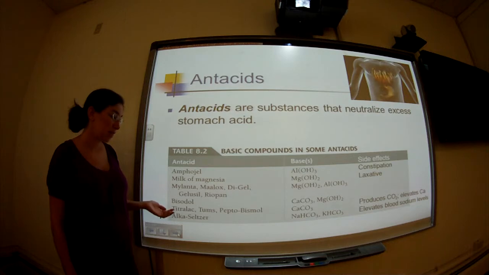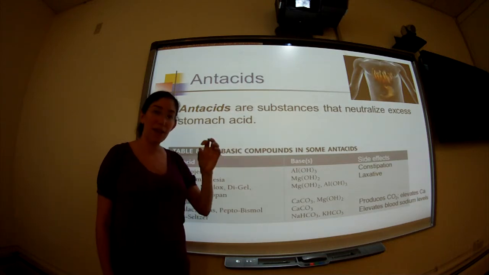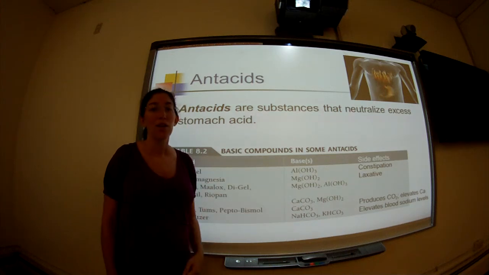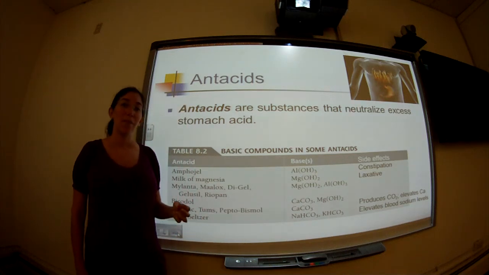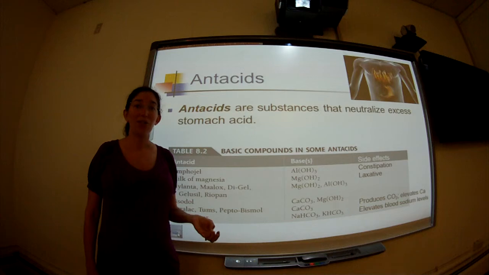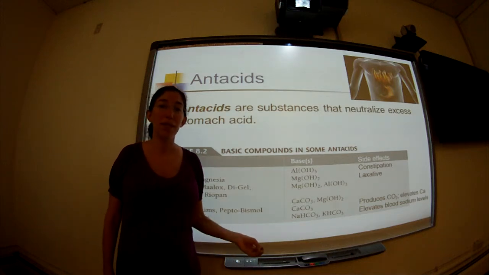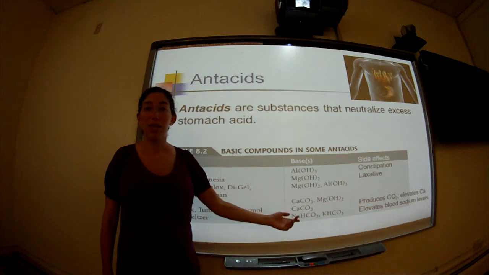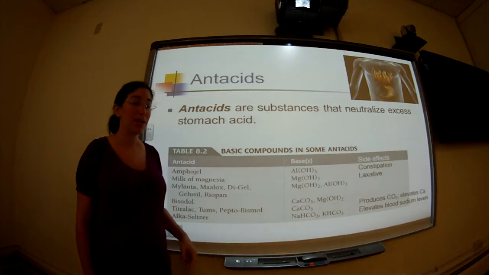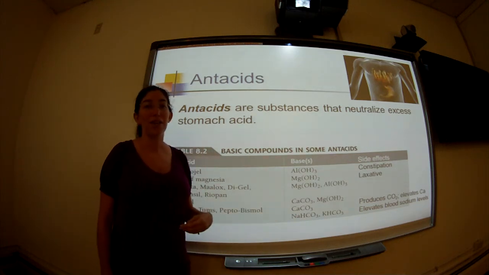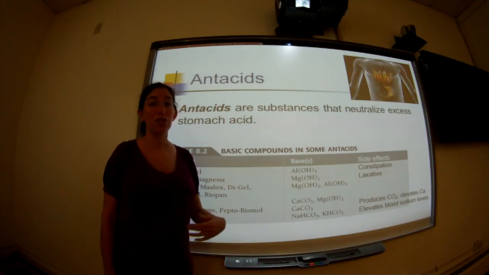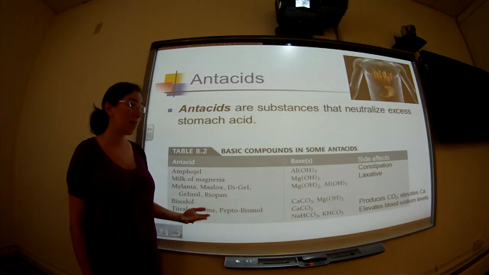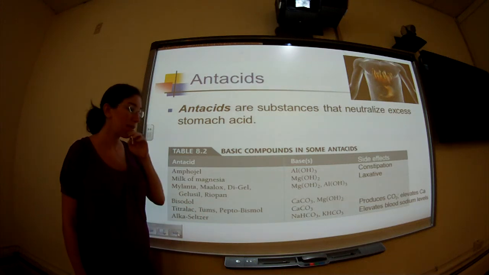So Tums, your typical Tums tablet, is made of calcium carbonate, which is why a lot of people will actually take Tums as a calcium supplement. Tums contains a lot of calcium. It's also why it's not good to take too many Tums, because having too high calcium in your blood can be bad for you.